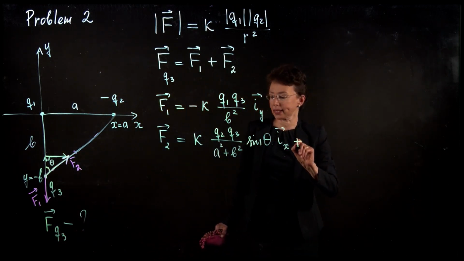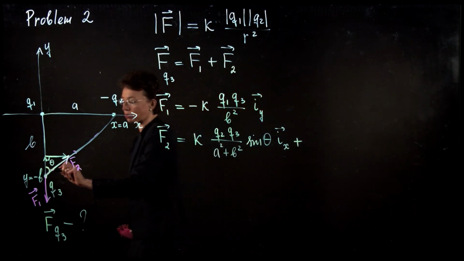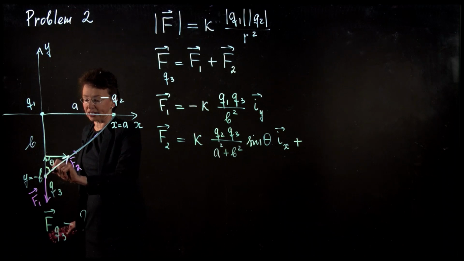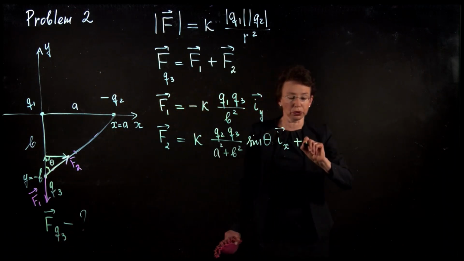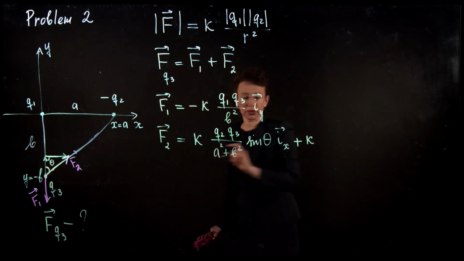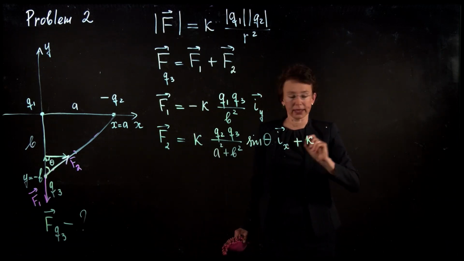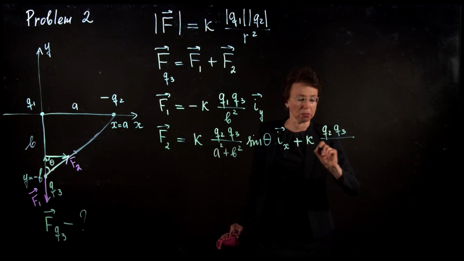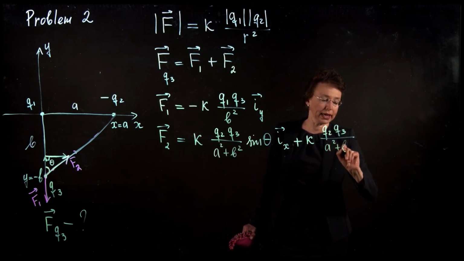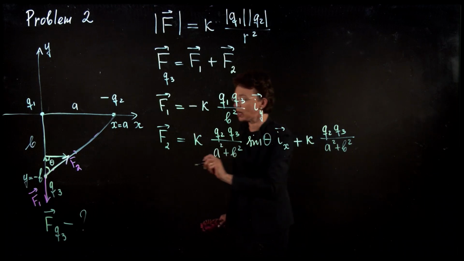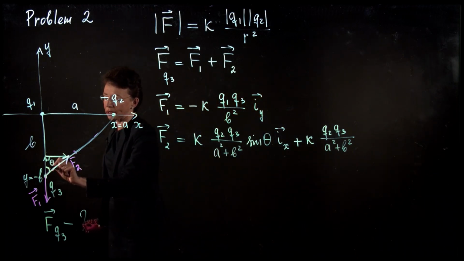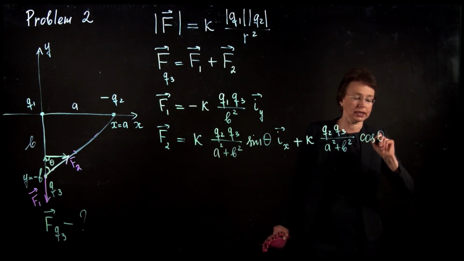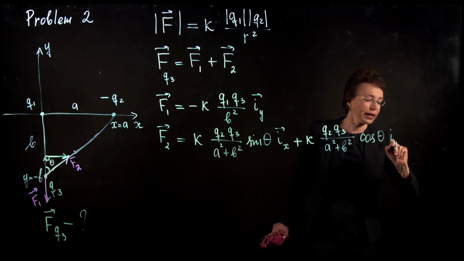And then plus the y component, which is also positive. For the y component, this angle is the adjacent angle. So I will put k, it is positive, so it is plus here, then magnitude of q2, magnitude of q3, divided by the distance between them squared, a squared plus b squared. For the y component, I multiply by cosine theta because the theta that we introduced is the adjacent angle, iy.